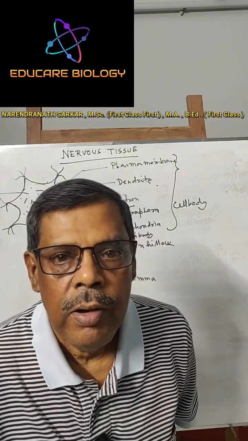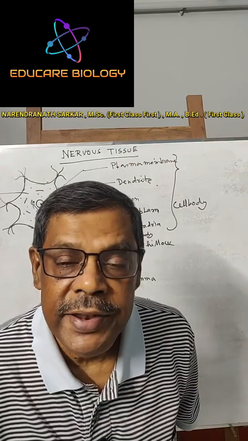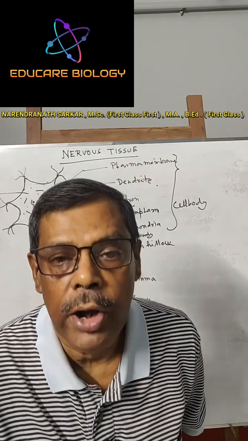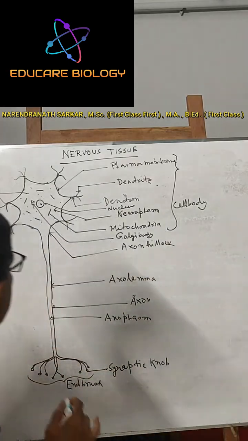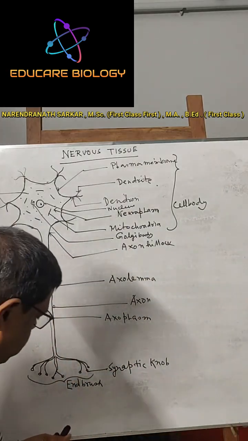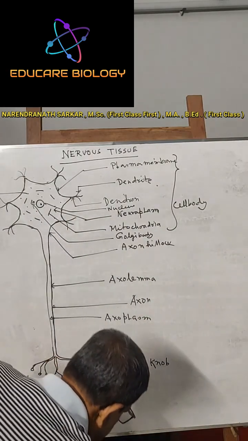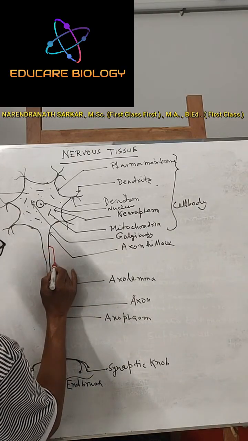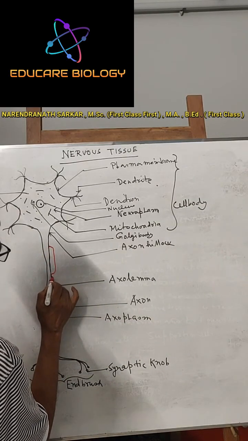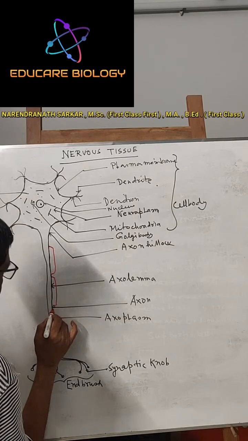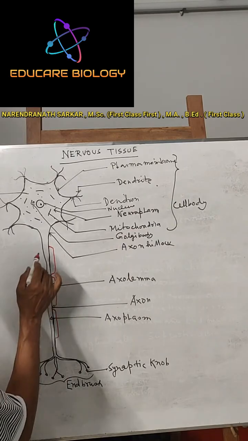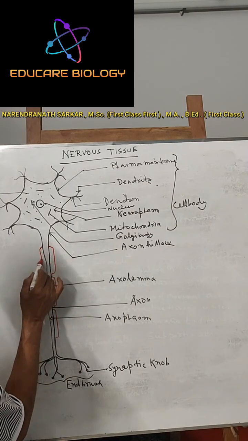In case of a myelinated axon of a neuron, there may be found a thick layer. It is called the medullary sheath or myelin sheath.